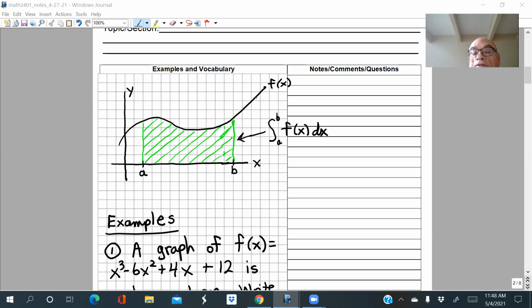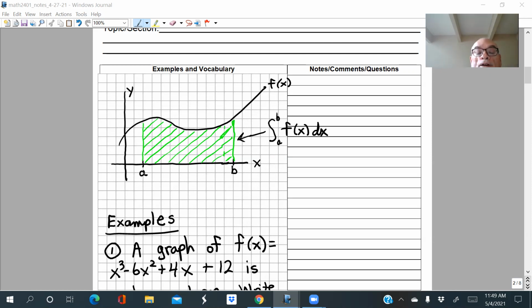Now, if the domain of this curve is all real numbers, this curve may extend indefinitely to the right and to the left. So we want to limit the region a little bit because we don't want to end up with an infinitely large region. So we're going to limit the region between two values on the x-axis.